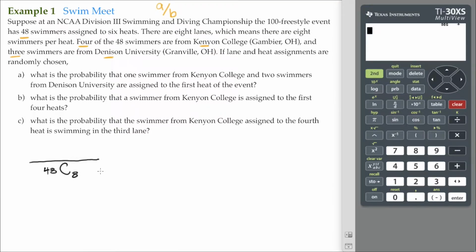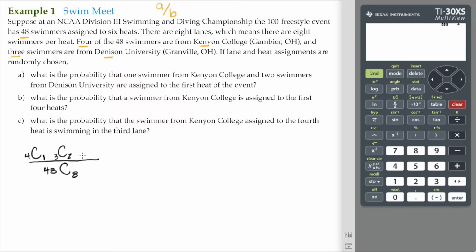Now our event. What's our event in question? Well, 1 of the swimmers has to be from Kenyon College. 2 of the swimmers have to be from Denison University. So if I have 4 swimmers from Kenyon, then I have 4 choose 1 from Kenyon. Since I have 3 swimmers from Denison, that's going to be 3 choose 2 from Denison. And don't forget, we have all the other lanes to fill.